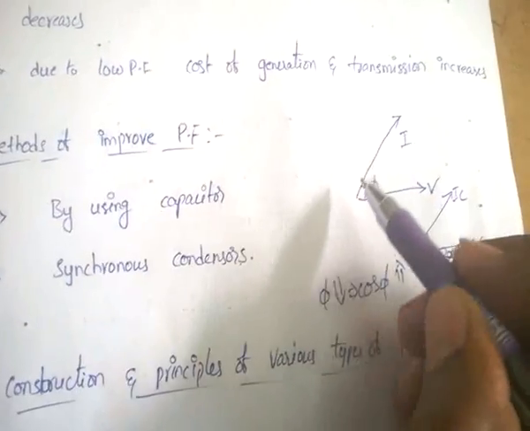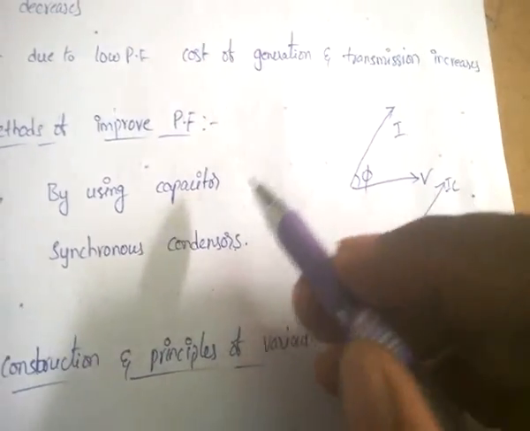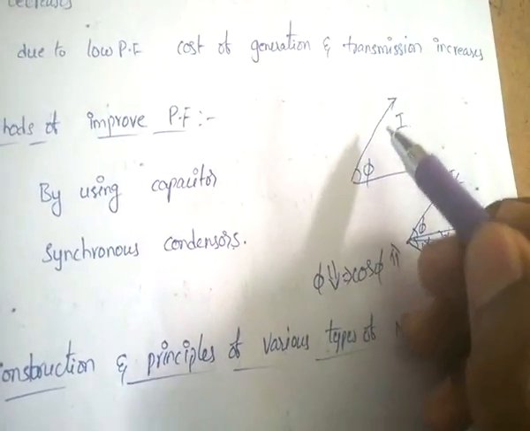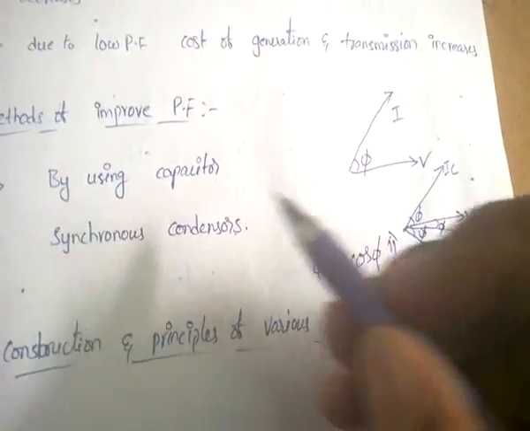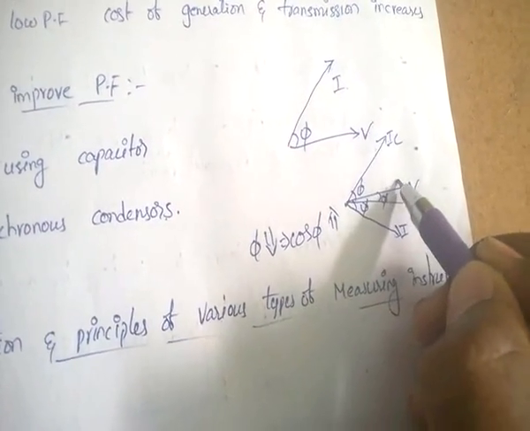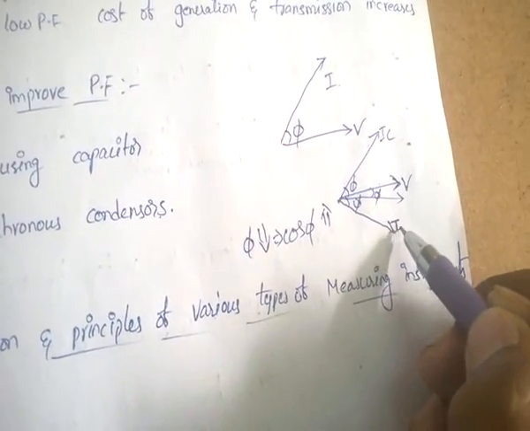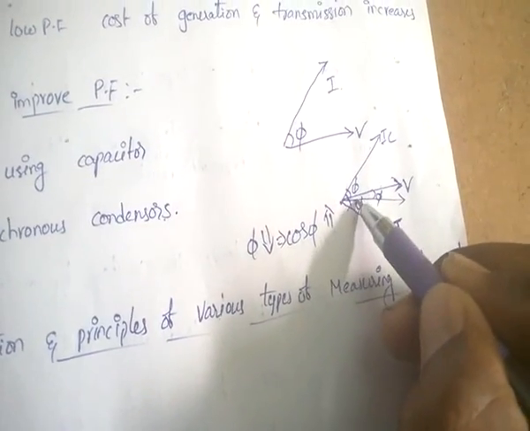How it works, for example, in case of capacitors, the current leads the voltage. In the original system, this is the voltage and the current lags the voltage by angle phi.